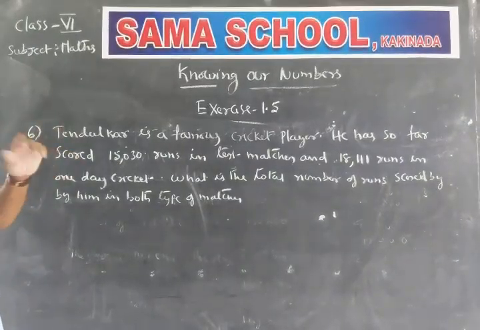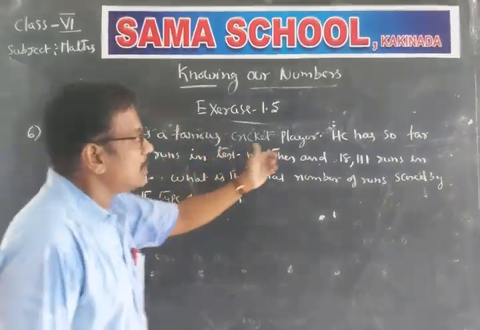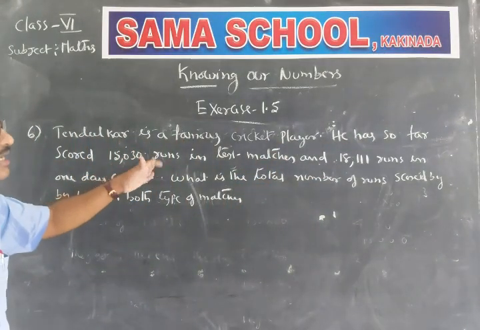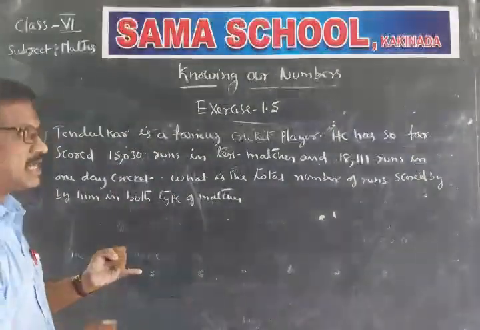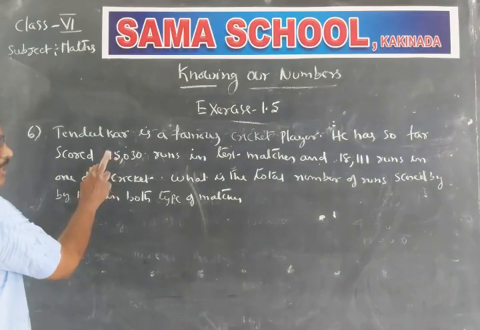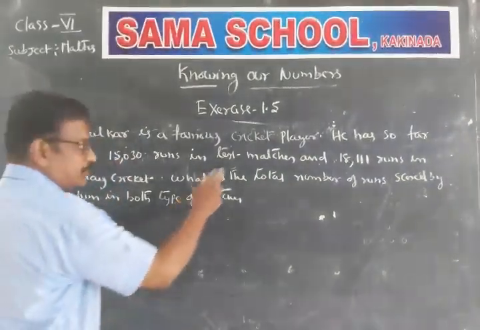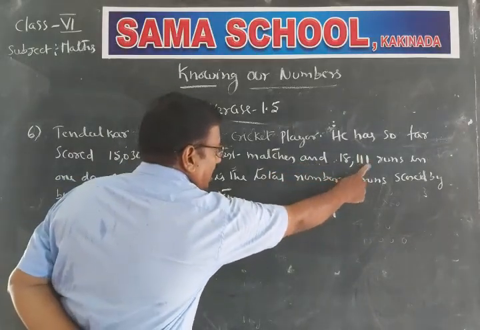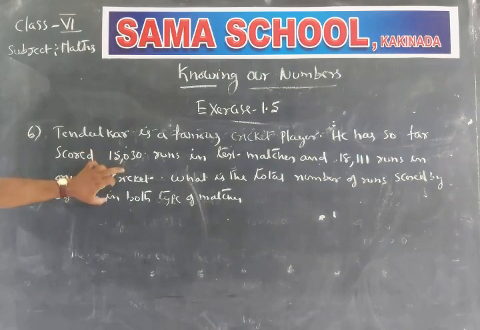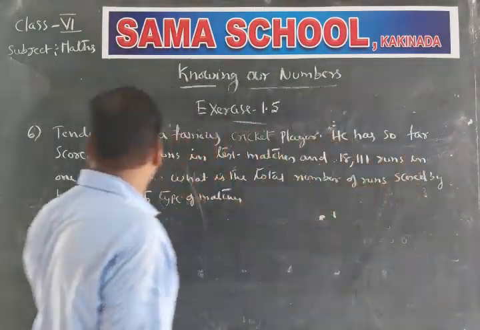Tendulkar is a famous cricket player. All of you already know that. He has so far scored 15,030 runs in test matches and 18,111 runs in one day cricket matches.